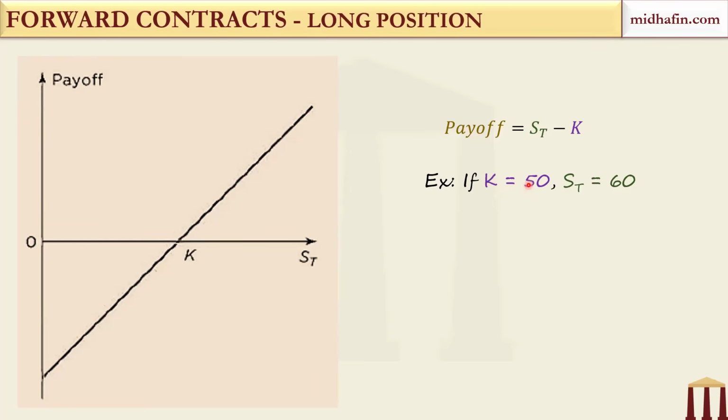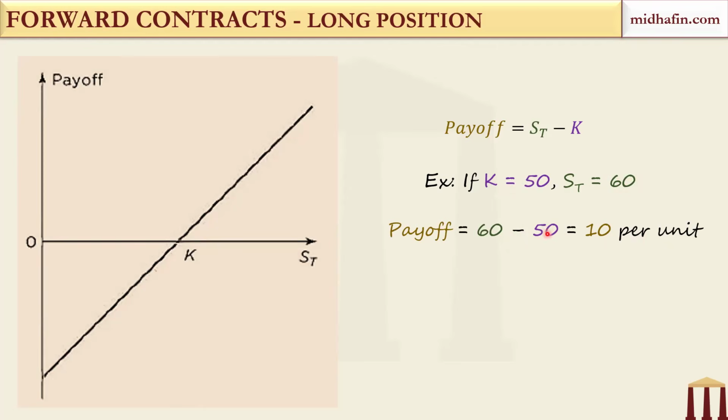Let's say the market price at that time, when the forward contract is about to expire or just expires, is 60 rupees per kilo. So what is my payoff? My payoff is 60 minus 50, which is 10 rupees per kilo. Because if I wanted to buy the same thing in the market, I would have to pay 60 rupees, but now I only have to pay 50 rupees per kilo.